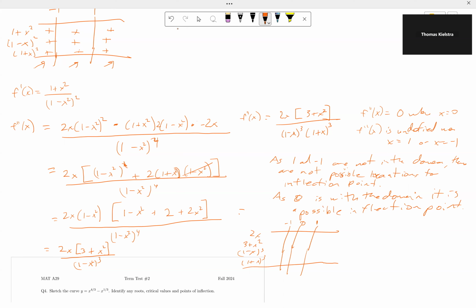Creating my sign chart, I'm positive, positive, negative, negative, positive everywhere for 3 plus x squared, negative, positive, positive, positive, positive, positive, positive, negative. Multiplying by my signs, I get positive, negative, positive, negative. So I'm concave up, concave down, concave up, concave down.